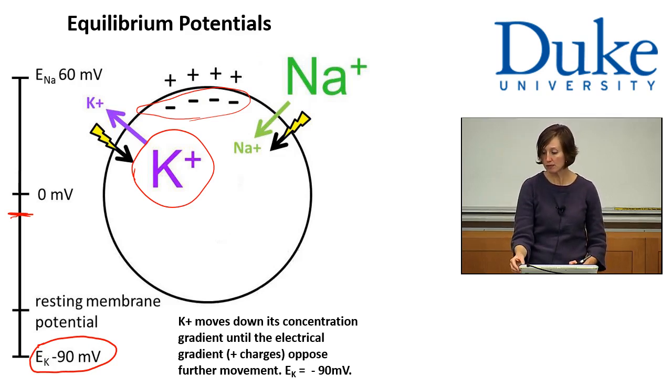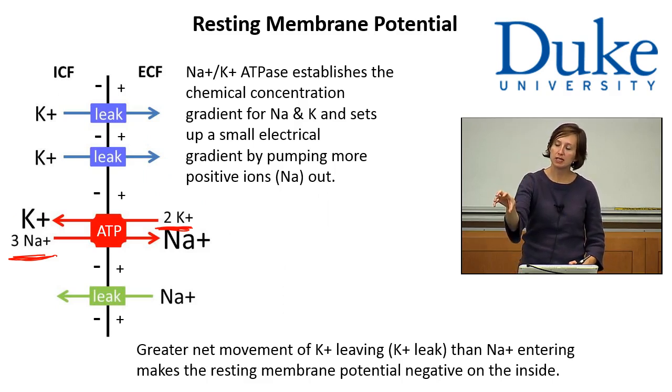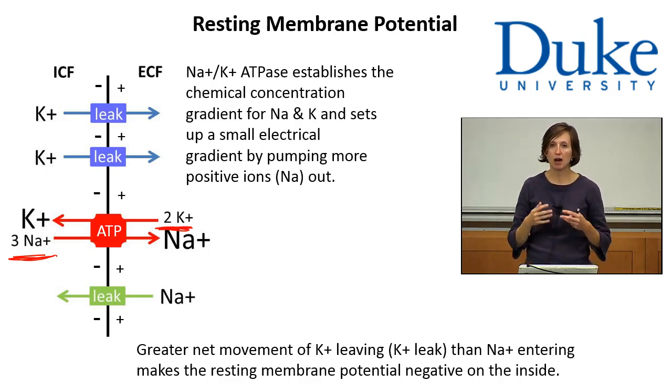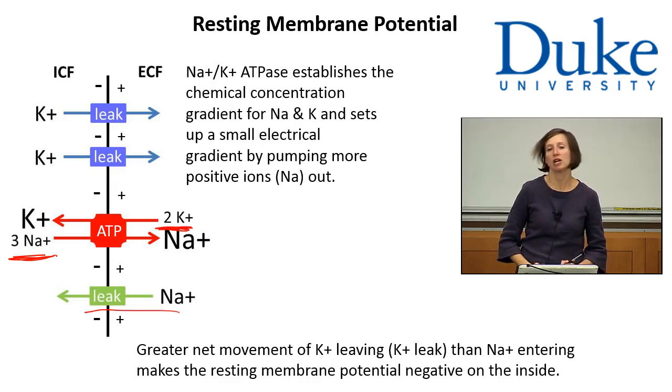In the case of at rest, we have the ATPase pump forming the sodium and potassium gradients, but we also have leak channels, which are ion channels that are letting some ion through, and they're going to be determining what the resting membrane potential is. So we have a fair number of potassium leak channels and fewer sodium leak channels.